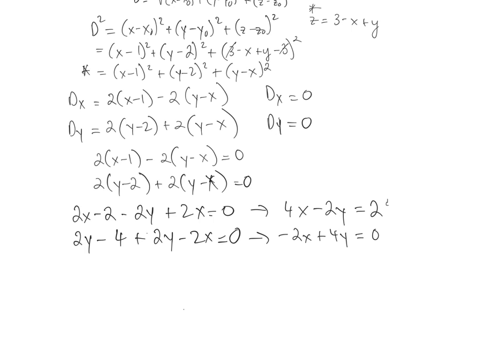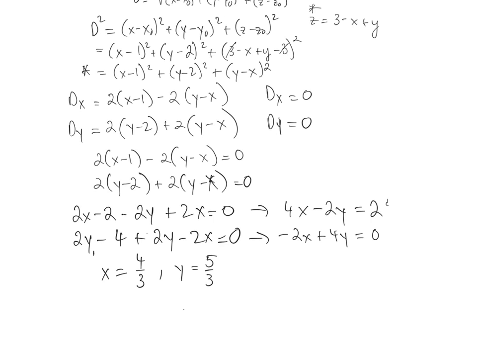Now you can plug this into your calculator and use the matrix to find it, or you can solve it by elimination or substitution, whichever method you're more comfortable with. After you solve for x and y, you would get x = 4/3, and y will be 5/3.